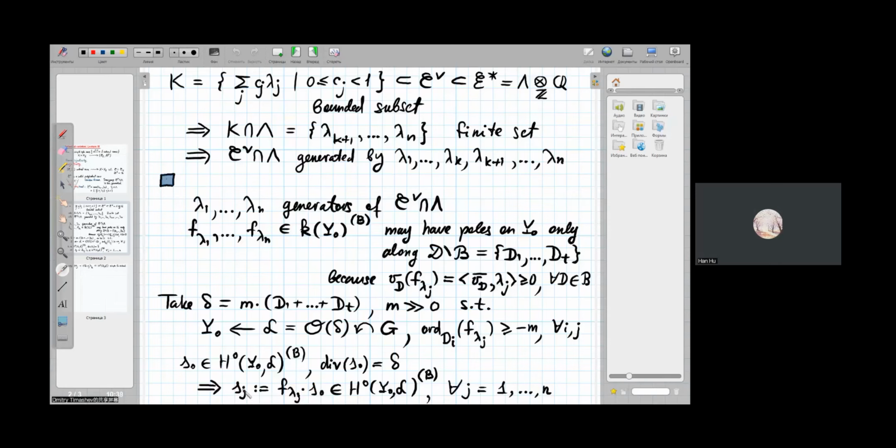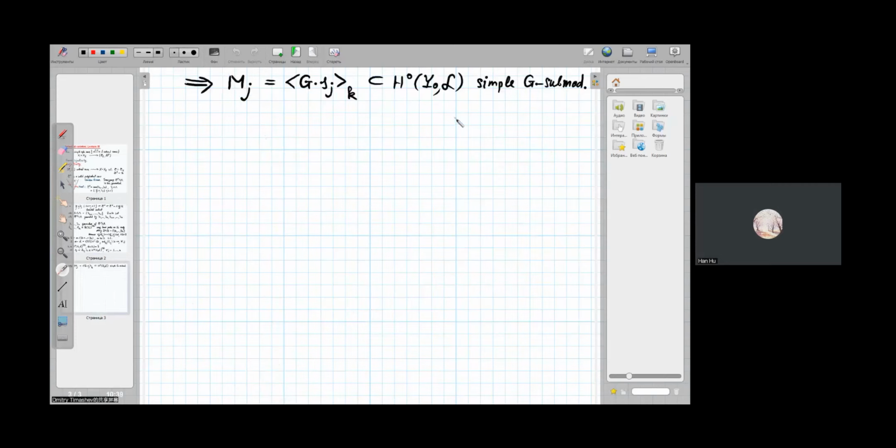So all eigenweights of these Sj's are pairwise distinct, and therefore we have pairwise non-isomorphic simple G submodules in the space of sections, and we may take the direct sum of all of them. So let M denote the direct sum of all these simple submodules starting from M0.